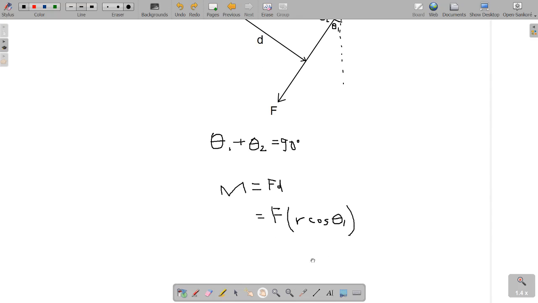So we move the r outside. This is equal to r F cosine theta 1.